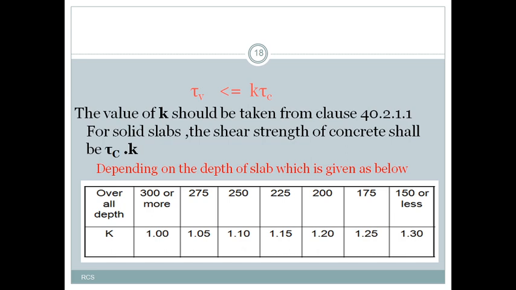For example, for the left support and the right support, from the face of the support the distance will be 0.1 times L. From that distance we have to bend those bars.